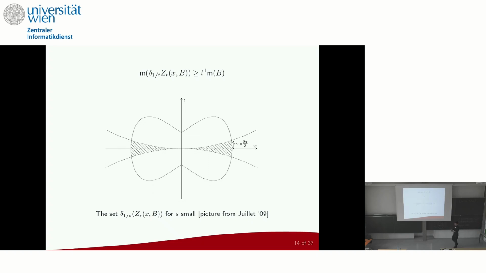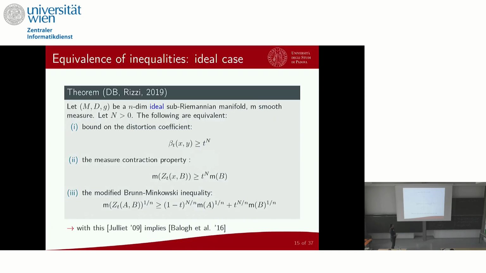So you have exactly this set here, this sort of butterfly, in some sense. Here it is written in terms of s and not of t, but it scales linearly. The volume is linear. So that's the reason for this t to the power 5, in some sense. One possibility of thinking about that.